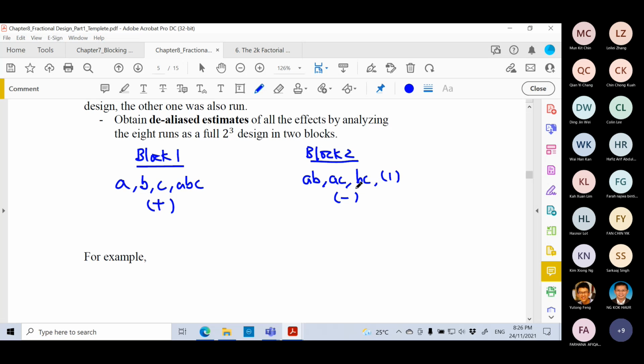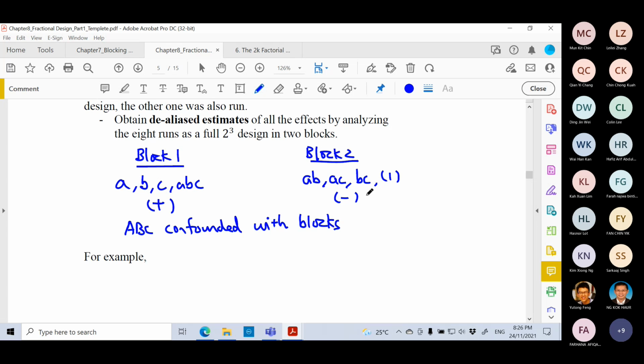So the idea was similar to what we had before with the confounding, where those of the positive sign were in the same block. The second one will be here. So in this one, you can also see that ABC will be confounded with the block.